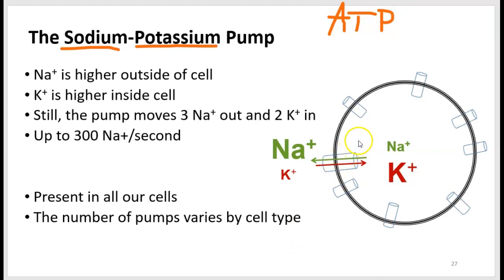What it does is it pumps 3 sodiums out continuously and 2 potassiums in, no matter what the gradient is. Always there will be much more sodium on the outside than on the inside, and a lot more potassium inside your cells than outside because of this sodium-potassium pump. All of your cells have this, okay?